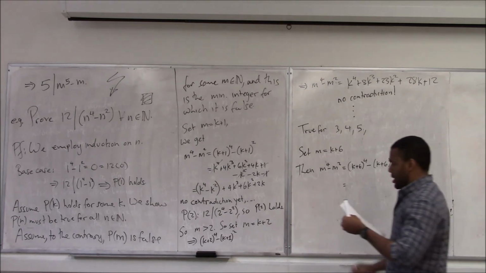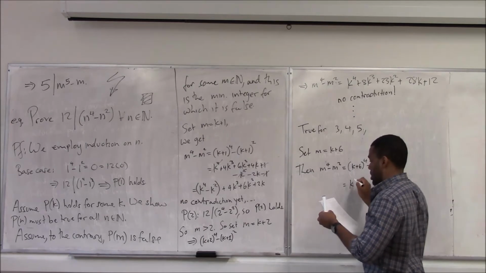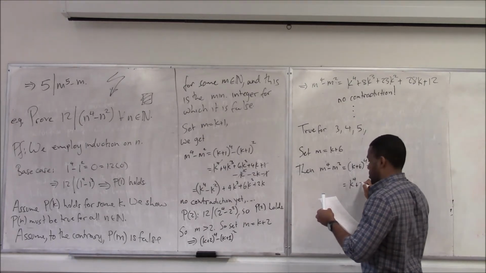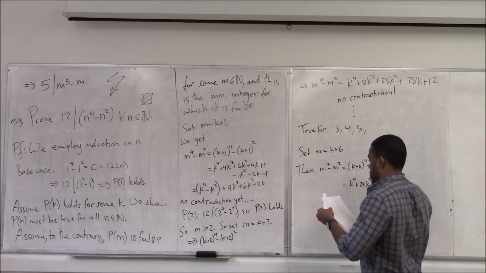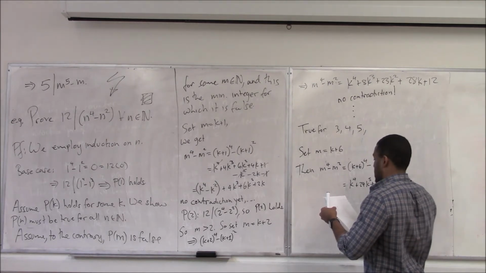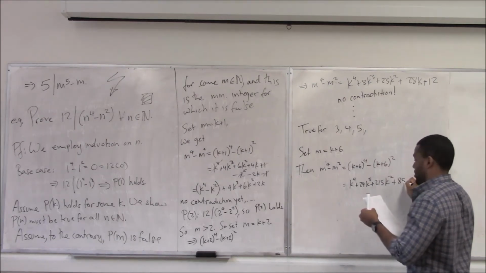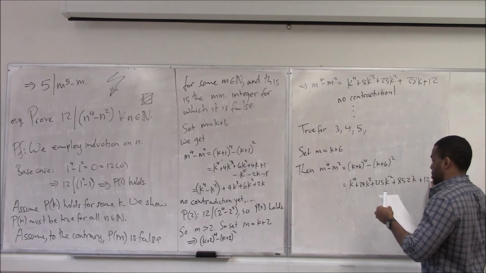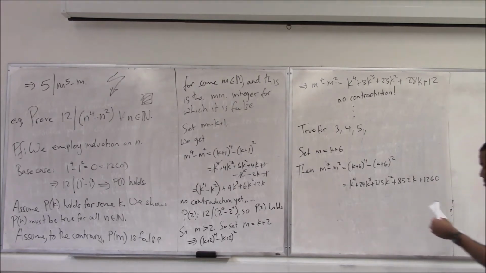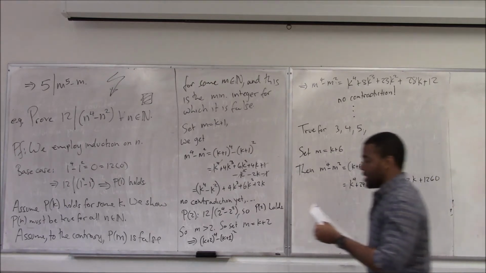And in this case, it ended up being k to the 4th plus 24k cubed plus 215k squared plus 852k plus 1260. Which I think would make a great test problem, personally.